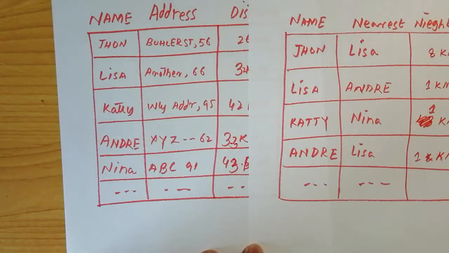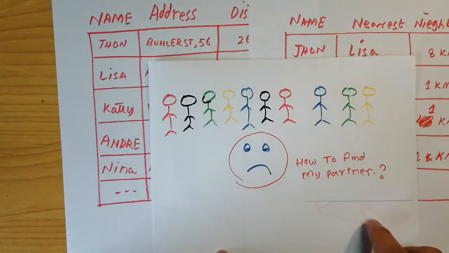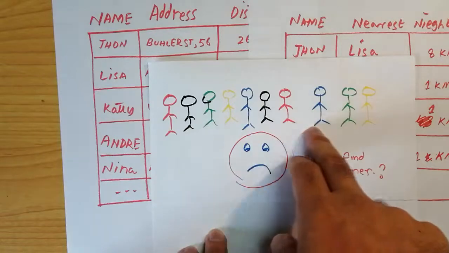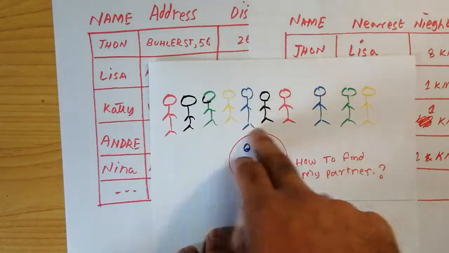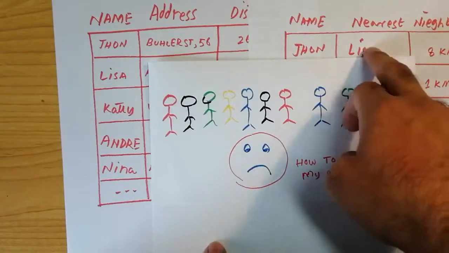And remember, the strategy in the first attempt will be the same. We will take this person and compute the distances from him to all the people, then find the minimum and put it in the list.